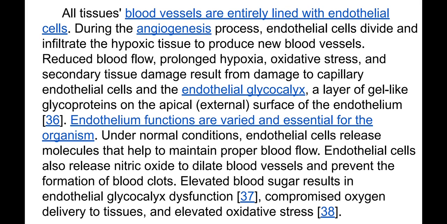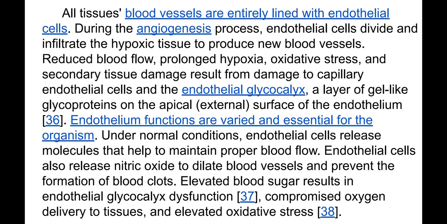Guys, it is so important to keep your glycocalyx and your endothelium layer healthy. It's more important than keeping the epithelium layer in your gut healthy. Both are very important, but maybe endothelium cells are more important.